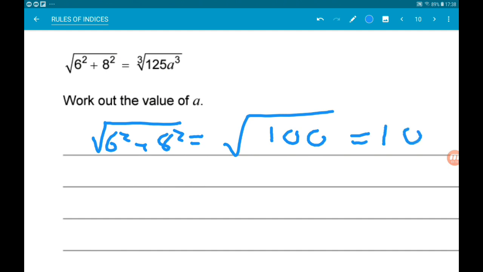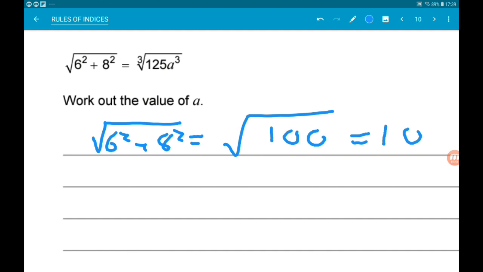Now, with this one, they weren't bothered about the fact that we could also have minus 10 as the answer. So it's a bit annoying, sometimes they do, sometimes they don't. But if we had said that this can be 10 or minus 10, you would still get the marks, so it's all good.